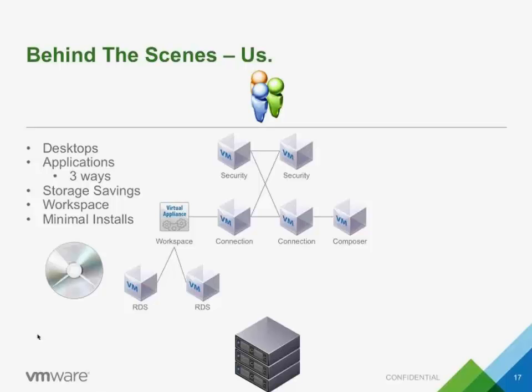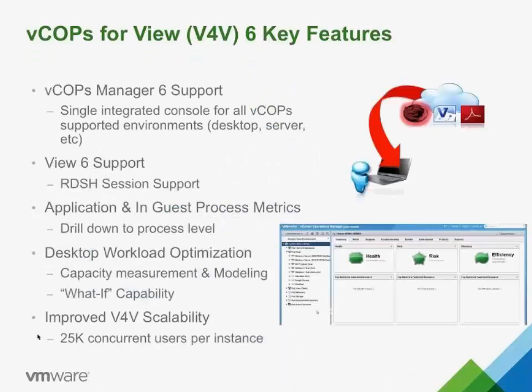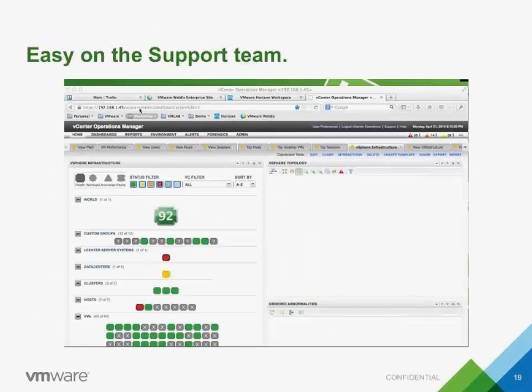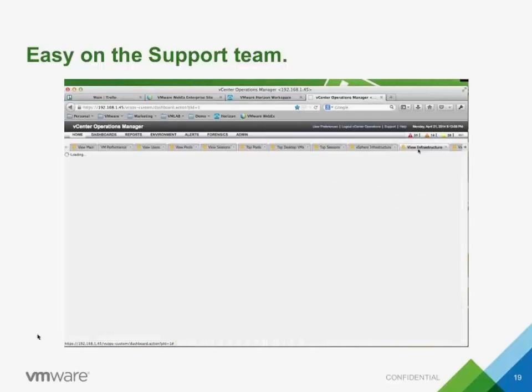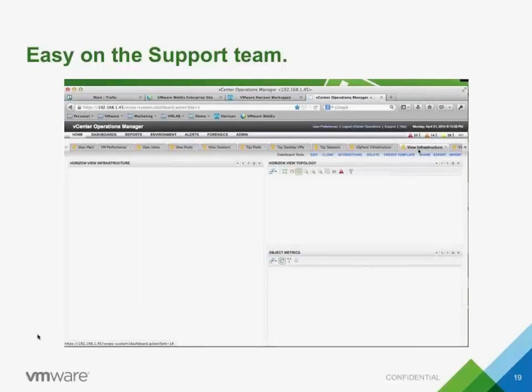So we talked about how the support team and the admins are going to benefit from this. Inside of Horizon 6, we've got all new features baked in for VC Ops for View, allowing people to actually monitor and manage not just the desktop environments and the server environments, but also to see the application pools and see how those are performing. This all makes it very, very easy on the support team to move around and to see what's going on inside of their Horizon infrastructure.